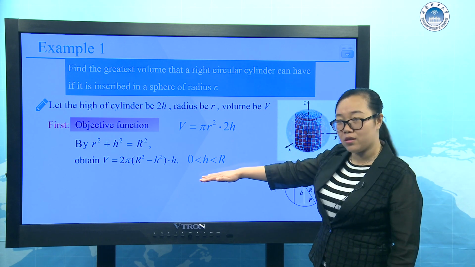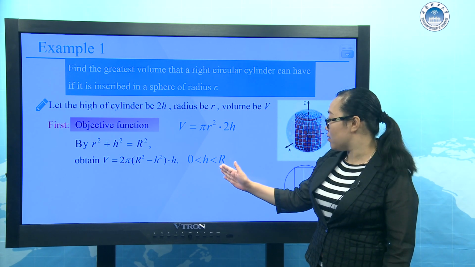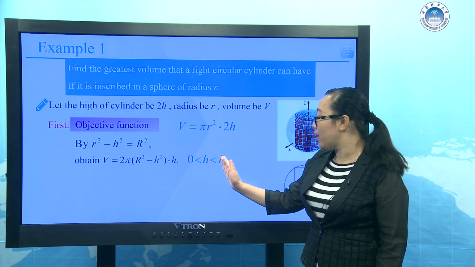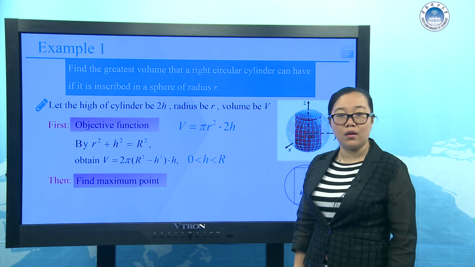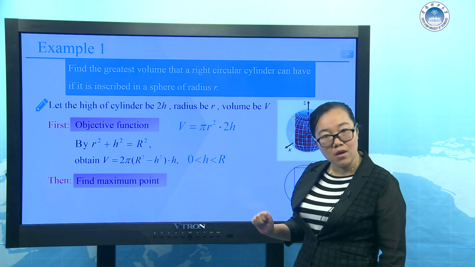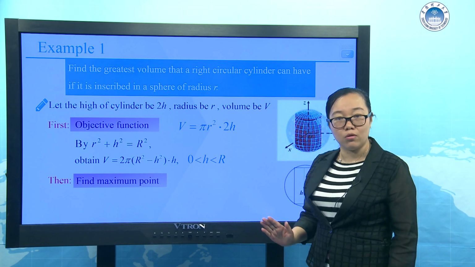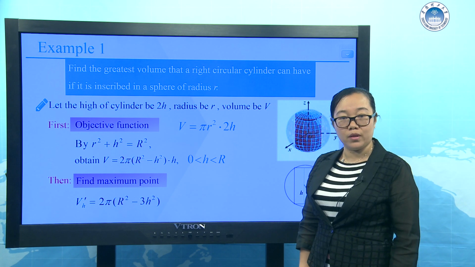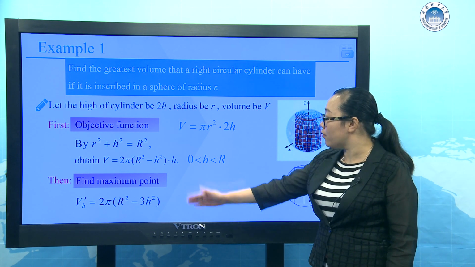And then pay attention to the domain of h: h between 0 and R. Try to find the maximum point. Try to find the critical point. How to do? Yes, V is a function of h.